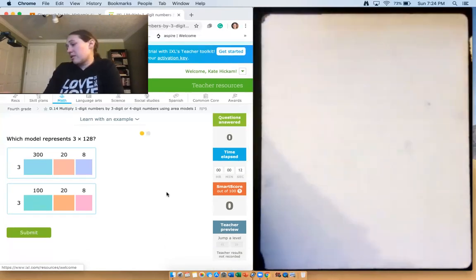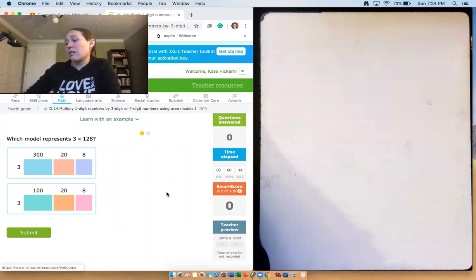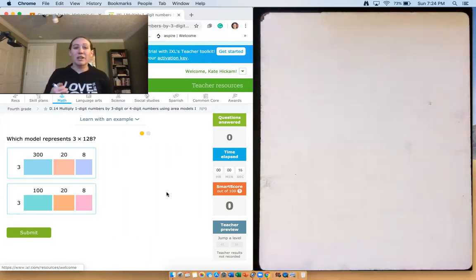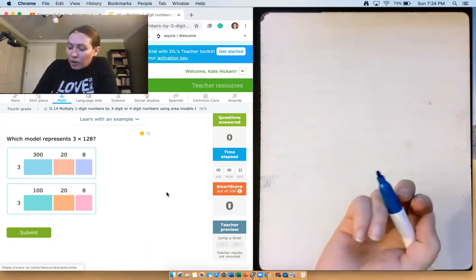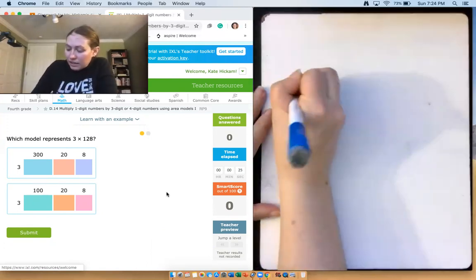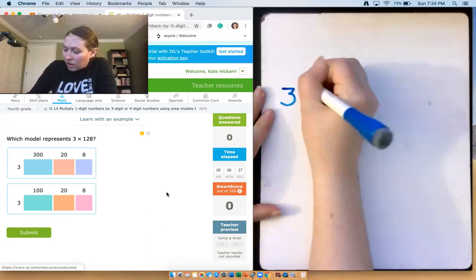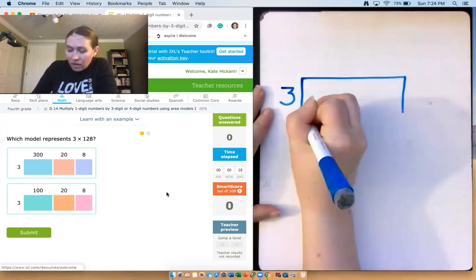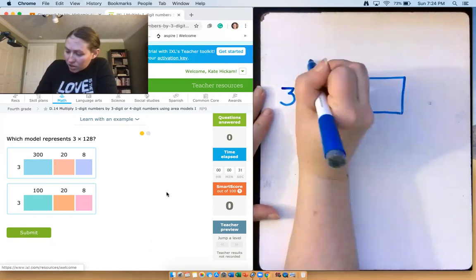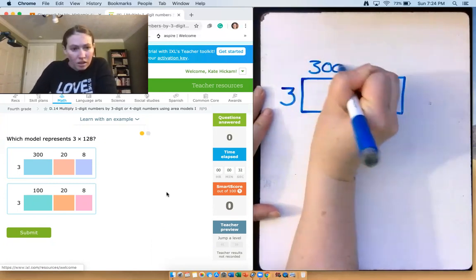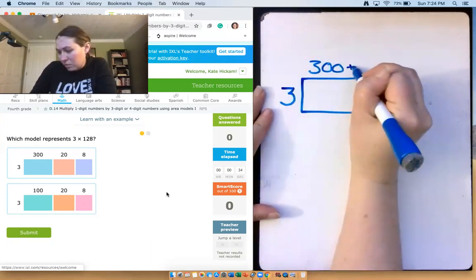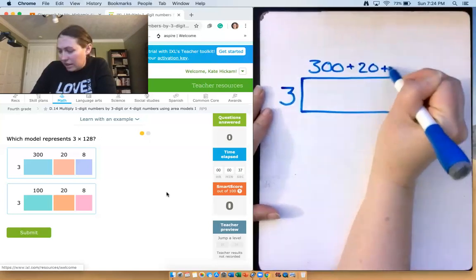The reason why we are doing 3 skills today is because these are pretty easy skills. They're things that we already know. So our first model, we have 3 on the side, and then we have 300 plus 20 plus 8.